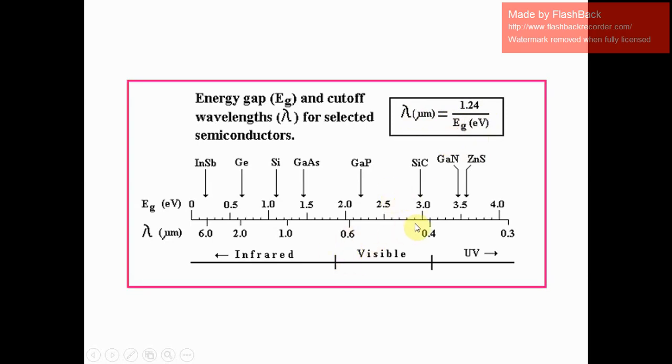In the visible region there are silicon carbide and gallium phosphide laser materials, in the infrared there are indium antimonide, germanium, silicon and gallium arsenide, and in the UV there are gallium nitride and zinc sulfide semiconductor materials. So this is the basic relation between lambda and energy gap Eg with a factor of 1.24.